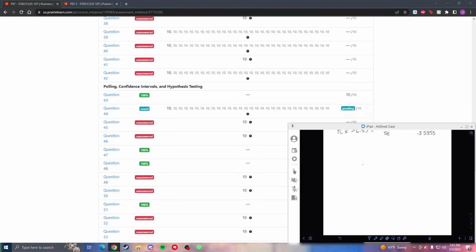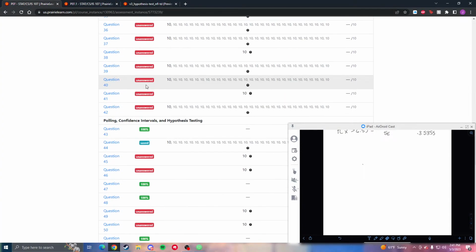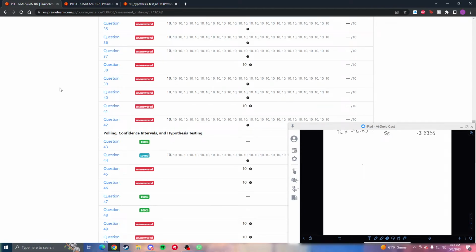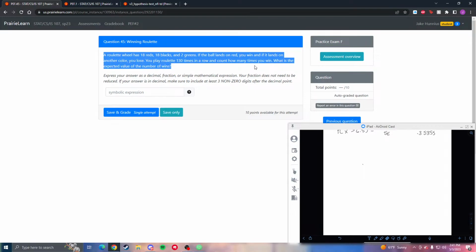All right, let me see if I can find one. Is this Aaron Rodgers one good enough? Daily sugar intake. Yeah, I can do the daily sugar intake question. I think it's this one. Oh, question 45. So this has 18 reds, 18 blacks, 2 greens.